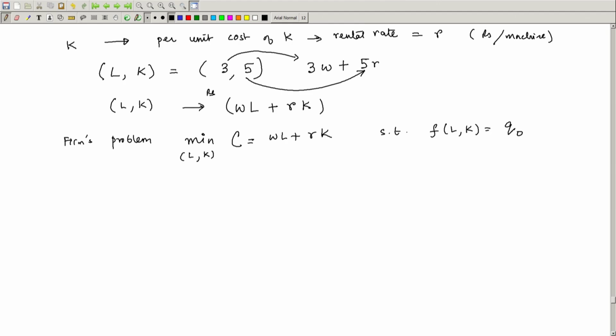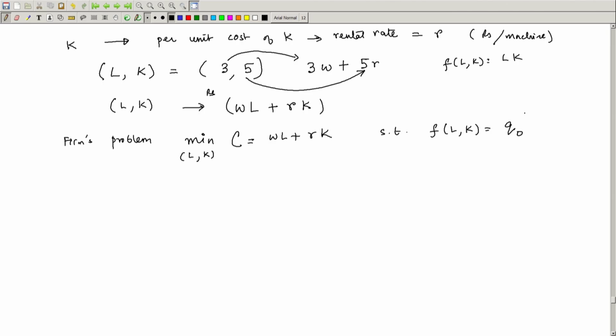So I want the firm to produce Q0 amount of output. I have some production technology. Recall, the production technology is F of L, K, let's say, equal to L times K. So I need to use that combination of labor and capital which allows me to produce Q0 amount of output, but I want to produce this Q0 in the lowest possible cost way, or the cost minimizing way.